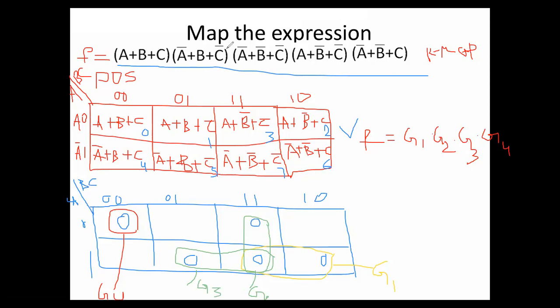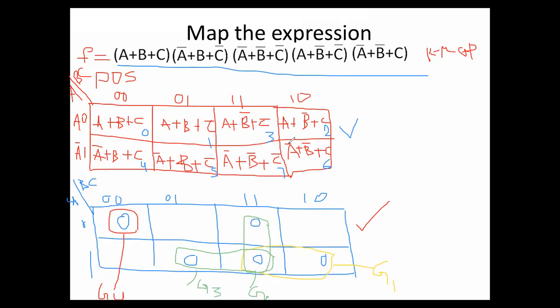Actually, here the problem is to map the expression. Depending on the problem, we are doing. This is the expression given. So based on this, you will write this K-map, up to this is sufficient. Then you will take the groups. So in this way, we are doing the problem based on product of sums.